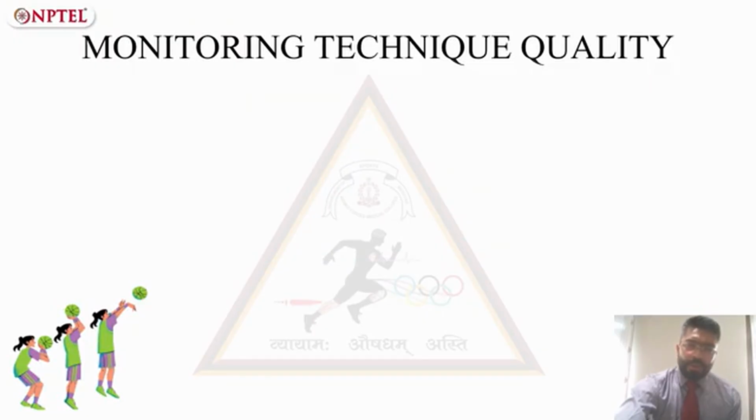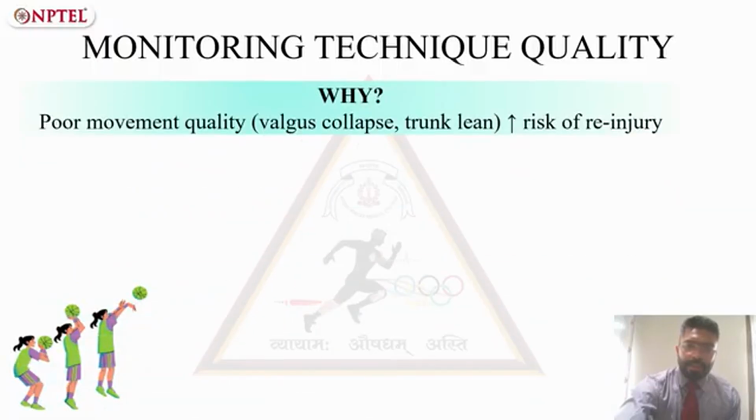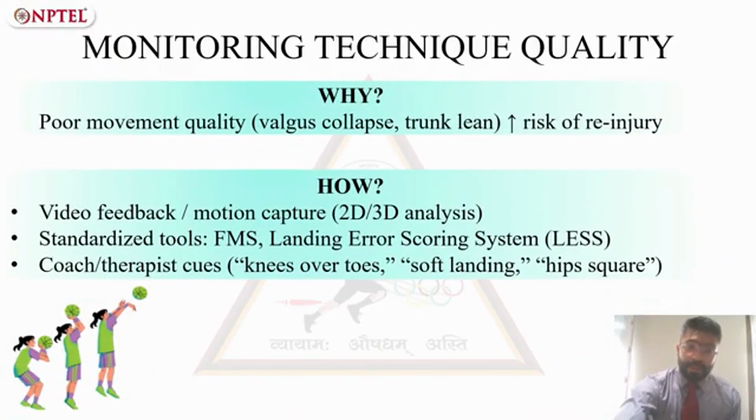Monitoring technique quality. Why is this required? Because poor movement quality can lead to increased re-injury. How is this done? By video feedback or motion capture, which can be done as 2D or 3D motion analysis, or using standardized tools such as the Functional Movement Screen and the Landing Error Scoring System.